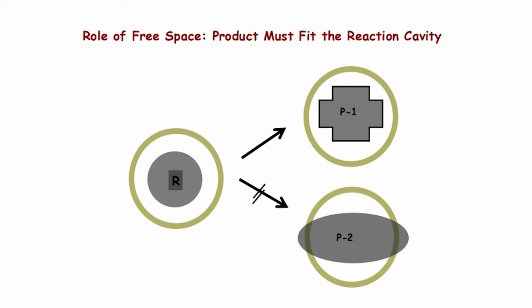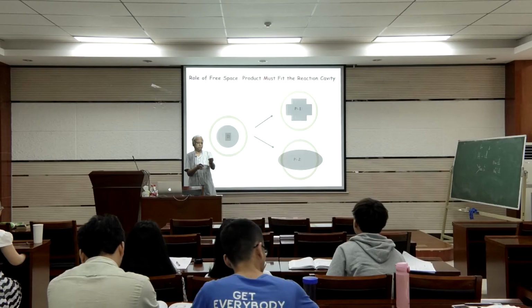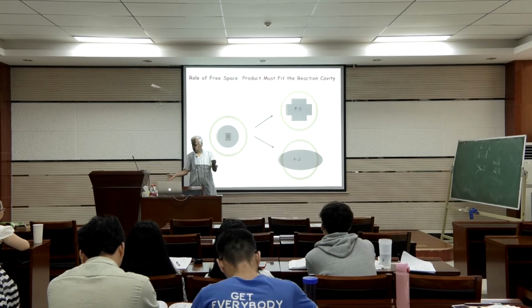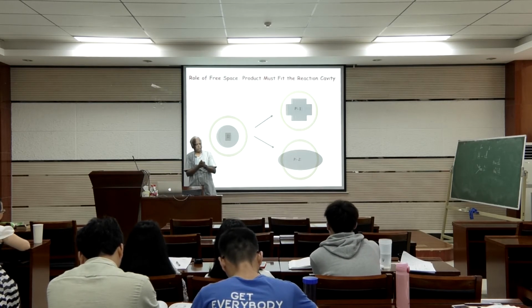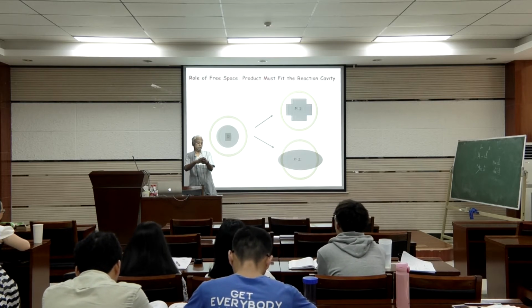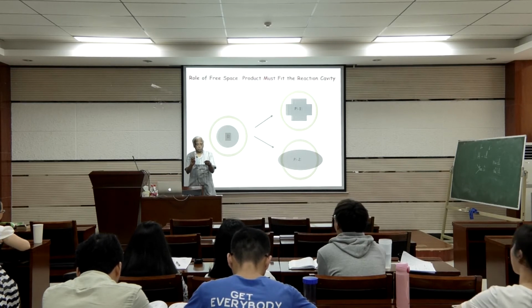If you do this reaction in organic solvents in a beaker, both would be formed. Whereas if you do this reaction inside a container which is small, only one of them is going to be formed.